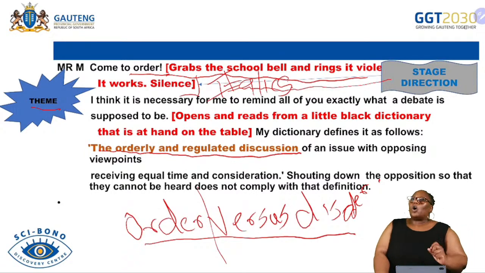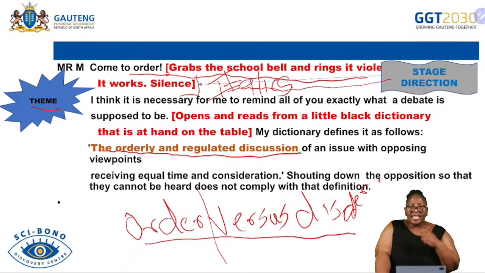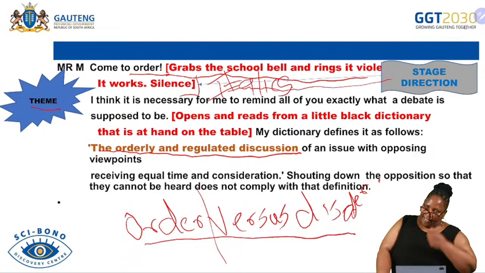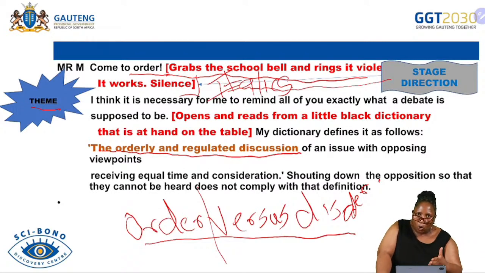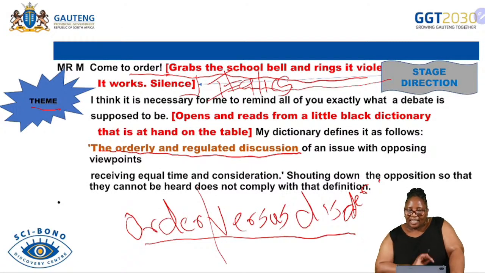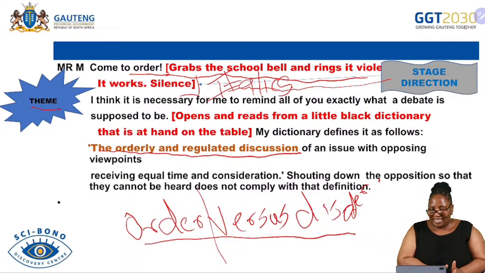He calls them to order using words. What else does he do to maintain order? He uses the bell and rings it to call the learners to order. Lastly, what does he do? He opens his dictionary. He reads to them what the definition of a debate is. So he is a good teacher. He's trying to maintain order.